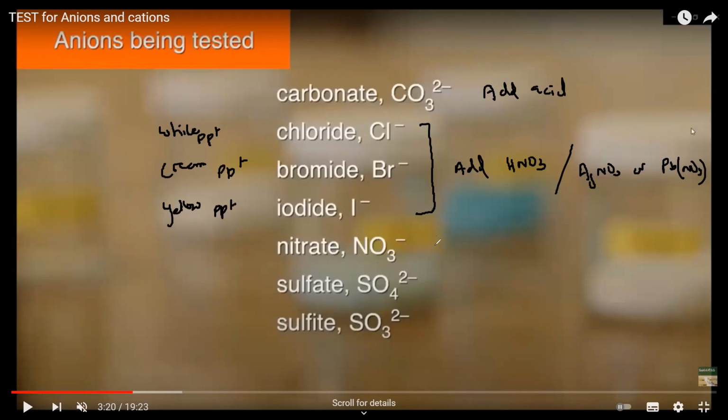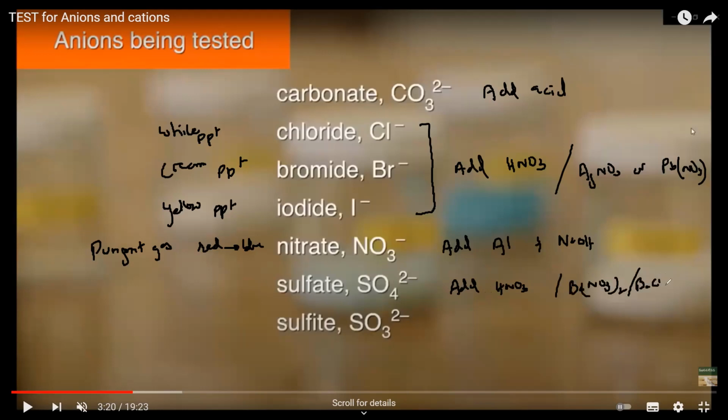To test the nitrate ion, we add aluminum powder and sodium hydroxide, NaOH, and we heat. When we heat, there will be a pungent gas. That pungent gas is ammonia, and it will turn the red litmus blue. To test the sulfate ion, we add nitric acid followed by barium nitrate, or barium chloride can be added.